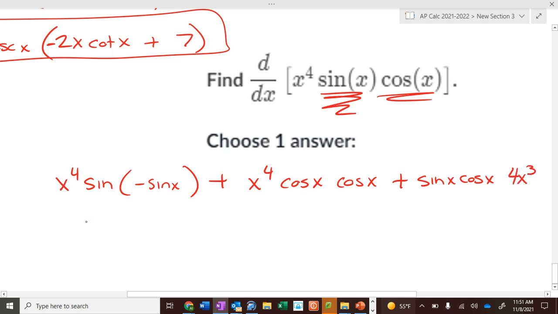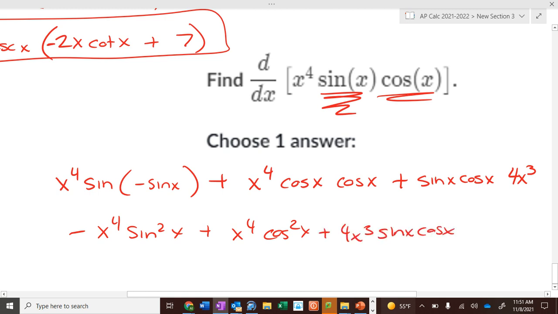So in the end, it's negative x to the 4 sine squared of x plus x to the 4th cosine squared of x plus 4x cubed sine x cosine x.